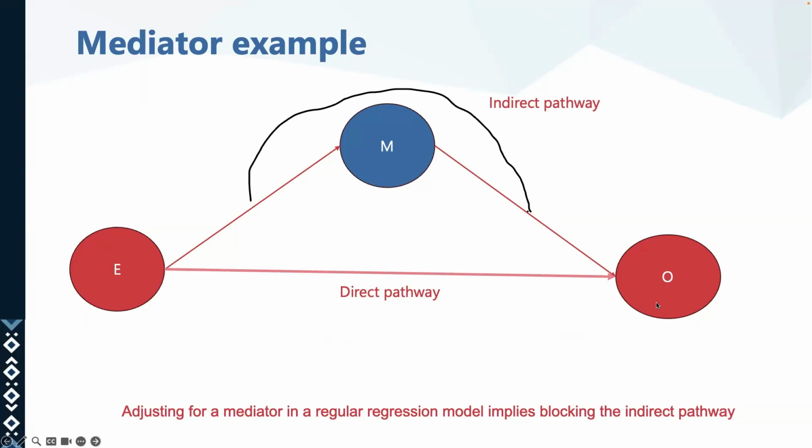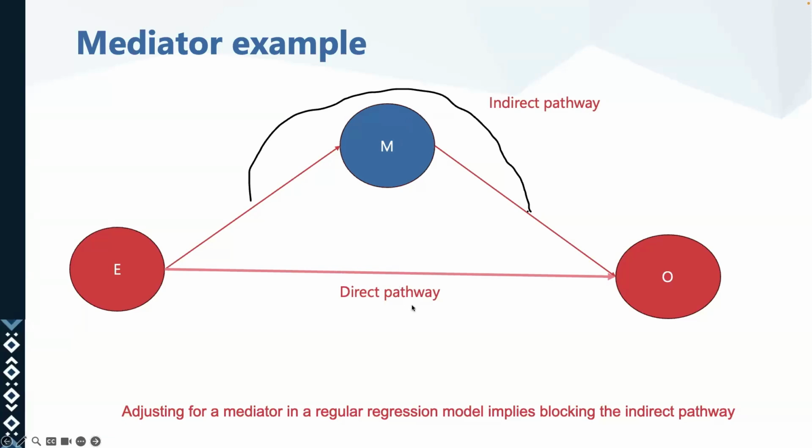And normally in regular regression models, if you are adjusting for your mediator variable, you are blocking the indirect pathway. It means what you get from your model is only the direct pathway.